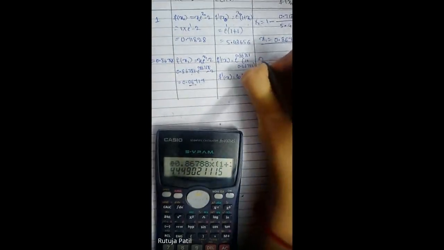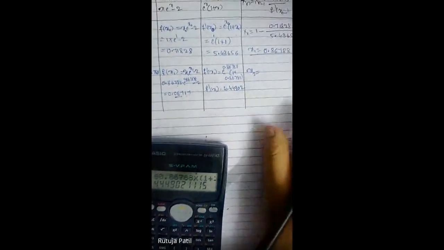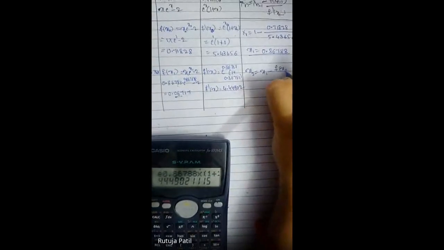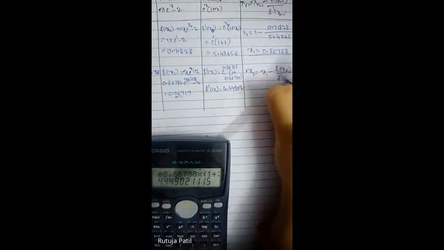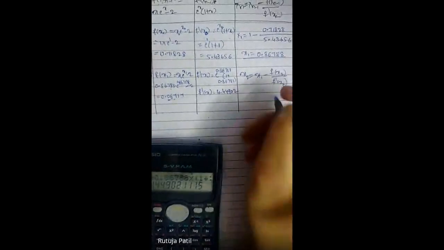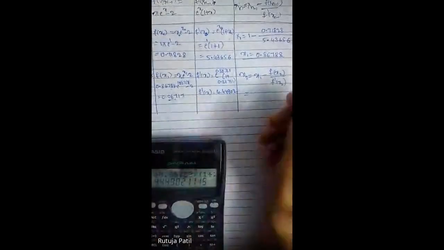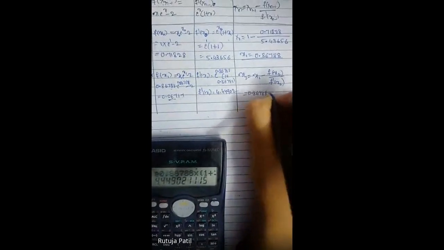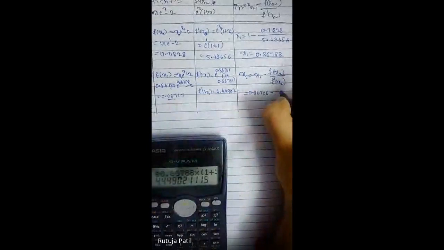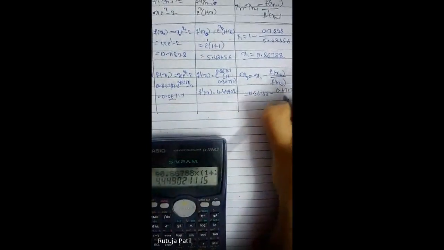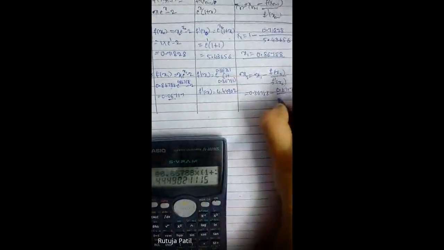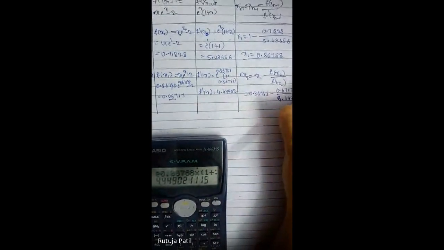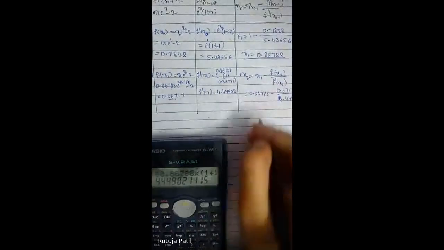Now next, we need to find the x2 value. What is the formula to find x2? It is x1 minus f of x1 divided by f dash of x1, right? So x1 value is 0.86788 minus f of x1, which is 0.06717, divided by f dash, which is 4.44902. So let's calculate the x2 value.